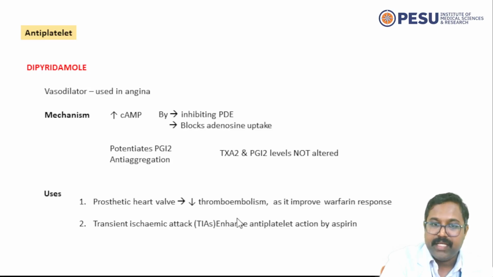Warfarin is an anticoagulant. It can also be used in transient ischemic attack to enhance the antiplatelet action of aspirin. So basically it can be used in heart valves as well as transient ischemic attack to prevent thrombus formation.